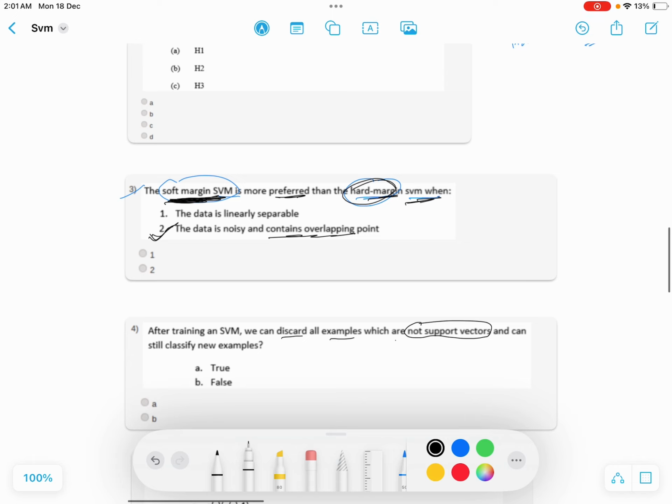So after training an SVM we discard all examples which are not support vectors and can still classify new examples. This statement is correct, right?